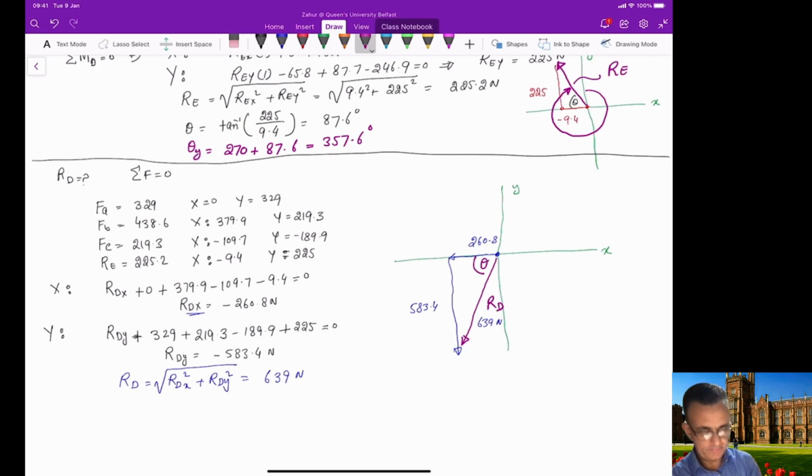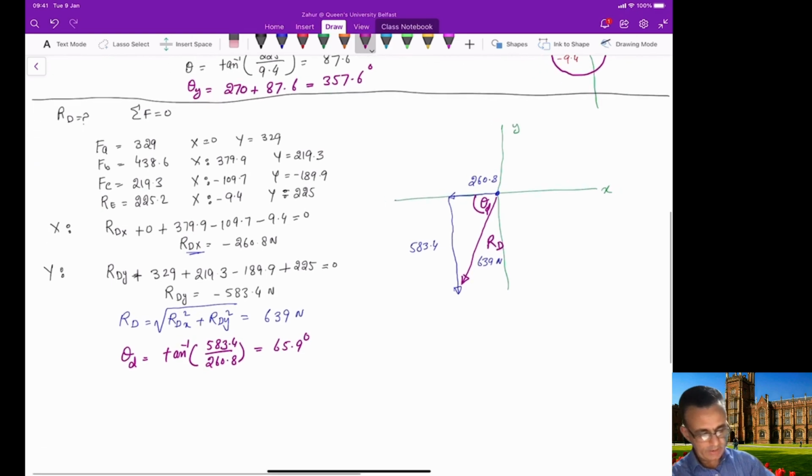You can call this theta d, which is tangent inverse of 583.4 divided by 260.8. So this will provide you with the value of theta d, which is 65.9 degrees.